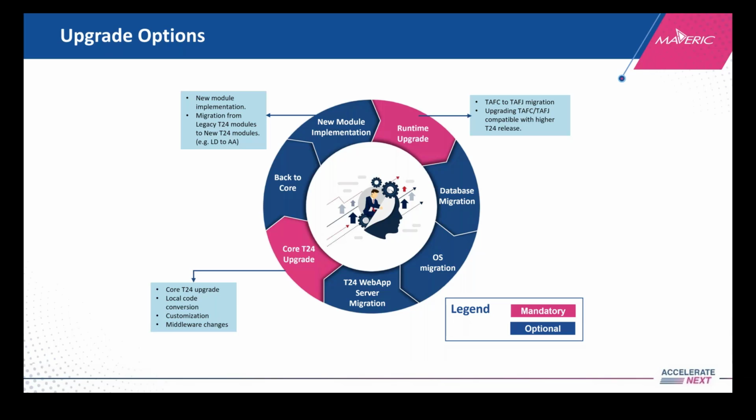Again, there are also newer versions of the functional modules like the AA module, wherein you might have to migrate your existing LD application or your mortgages application to AA. So such module migrations would also be part of your upgrade activity. So these are the various options that are available for you when you upgrade a T24 release.